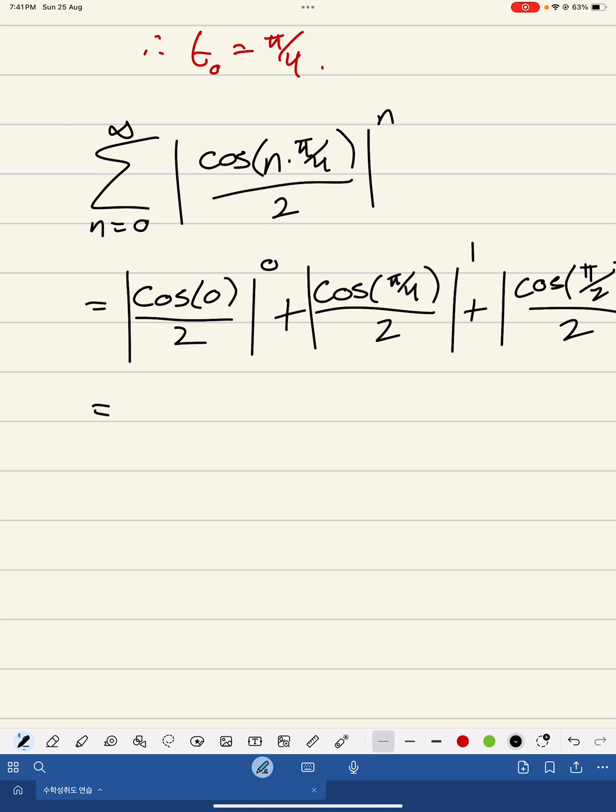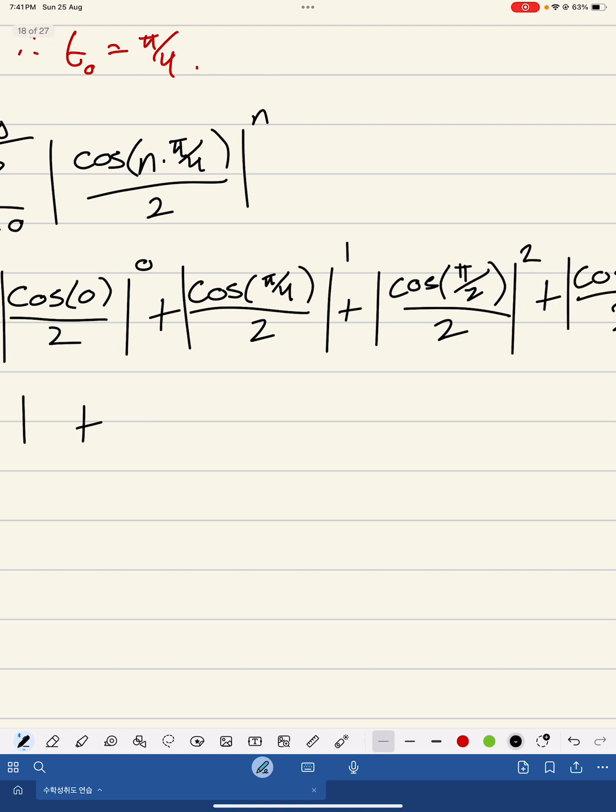If we simplify or generalize this, we get this equals 1 plus cosine of pi over 4, which is root 2 over 2, so 1 over root 2 divided by 2. And then we get cosine pi over 2, which is 0, and so on.